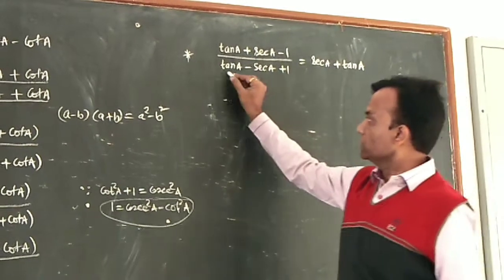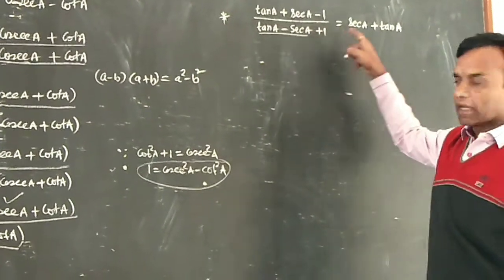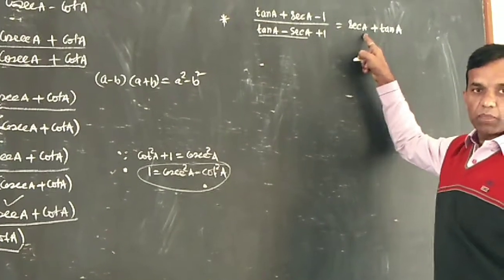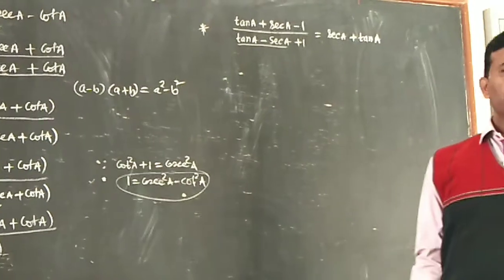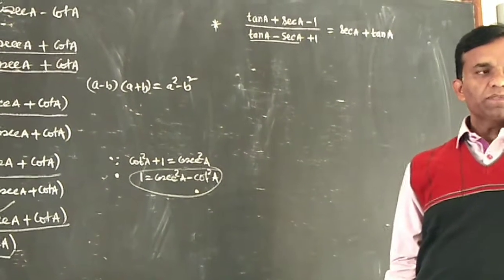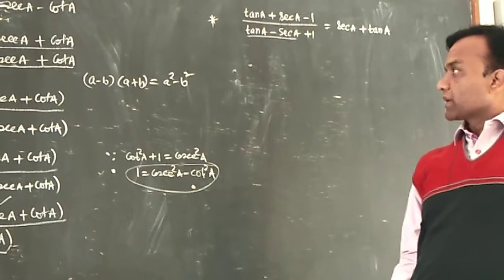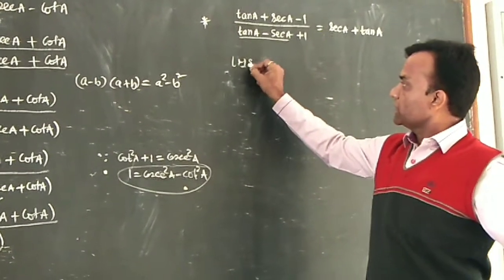Okay, and again you have the same part. Tan a minus sec a is here. Then the result will be sec plus tan. So which part are you rationalizing in this question? Speak loudly. Tan and sec. Okay, so rationalization here. First you take the LHS part.